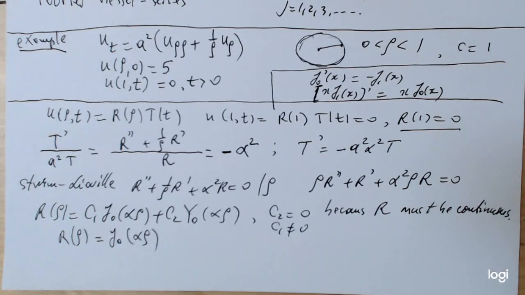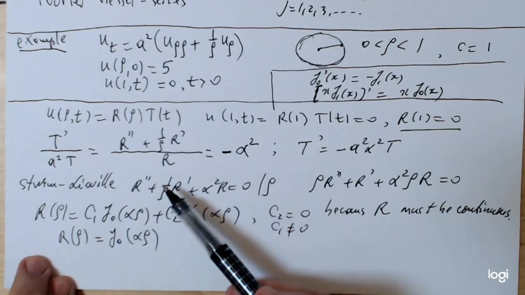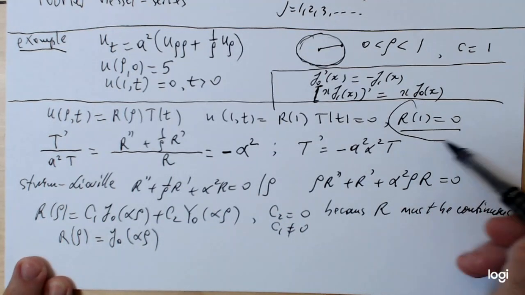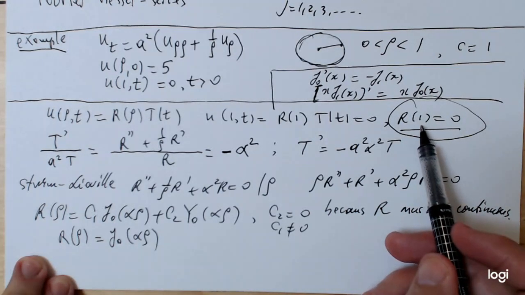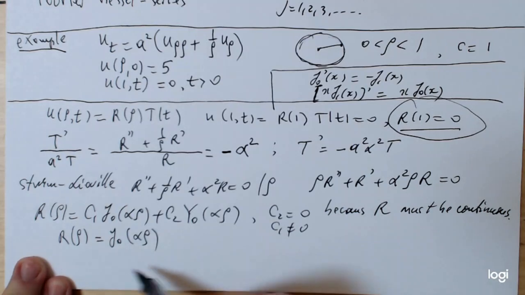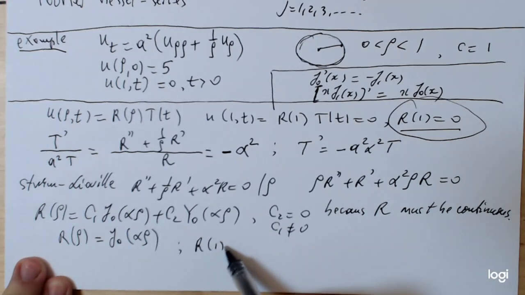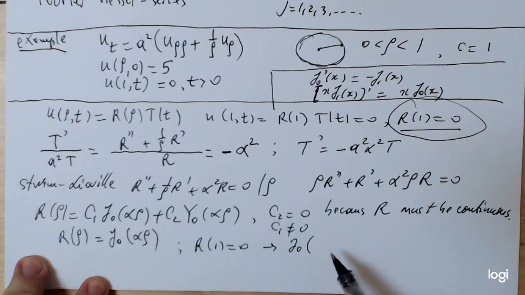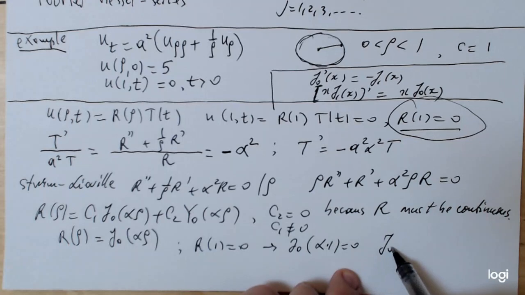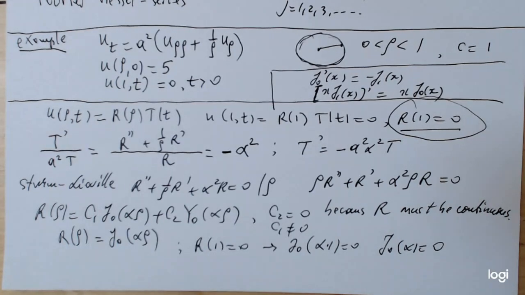Now it's the moment to impose the boundary condition and to find the eigenvalues and the eigenfunctions. What is the boundary condition? R of 1 equals 0, right? That's C, the radius. So R of 1 equals 0 means J0 of alpha times 1 equals 0, or J0 of alpha equals 0. Remember, in this case, C is equal to 1.